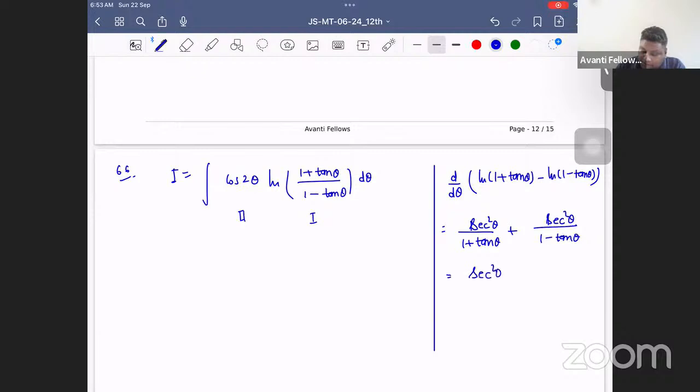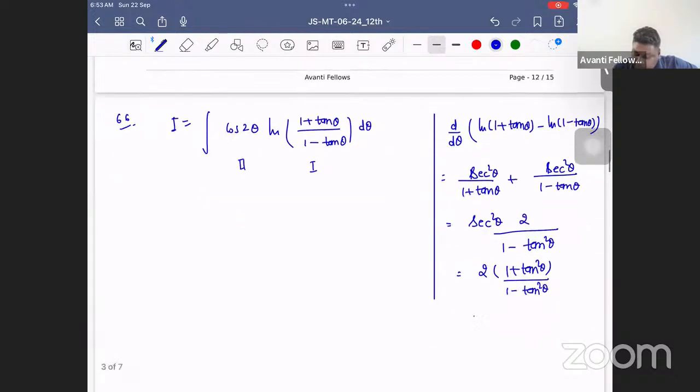So sec square theta outside, it will be 2 upon 1 minus tan square theta. Am I clear? So 2 times 1 plus tan square theta upon 1 minus tan square theta, which is 2 upon cos 2 theta.